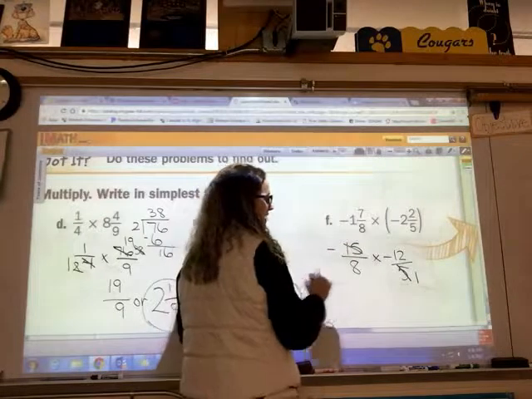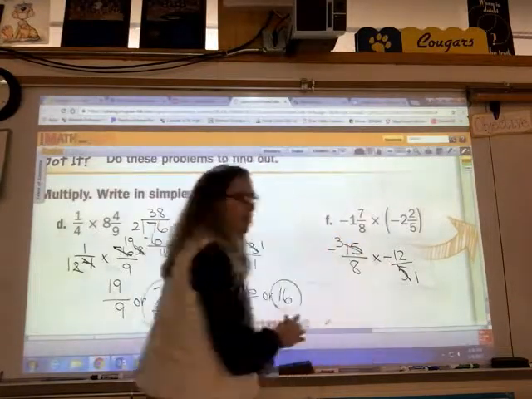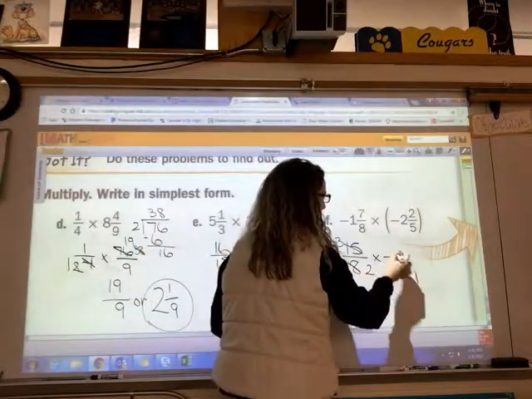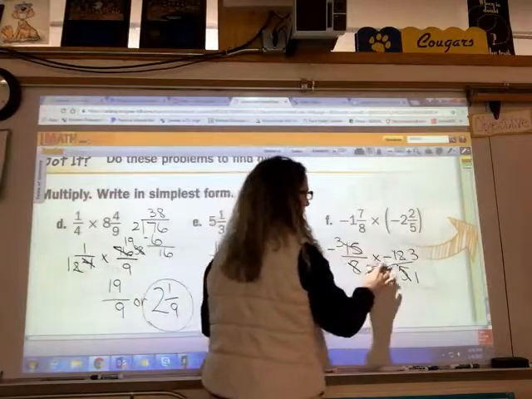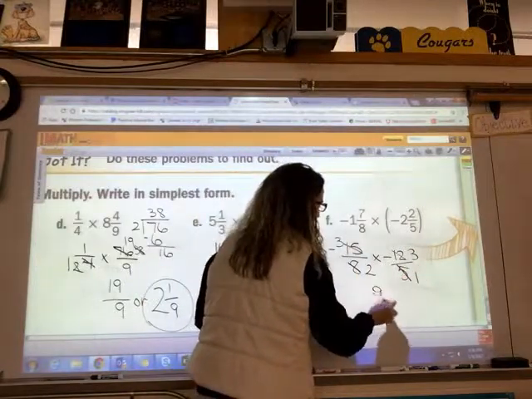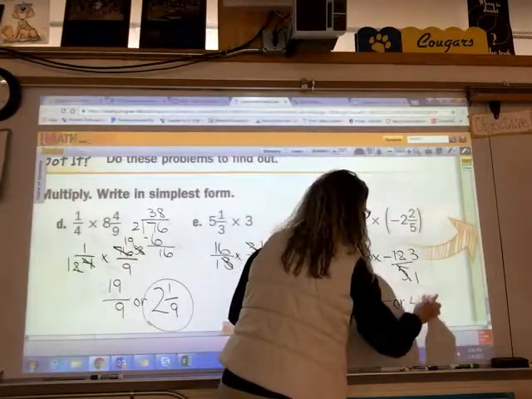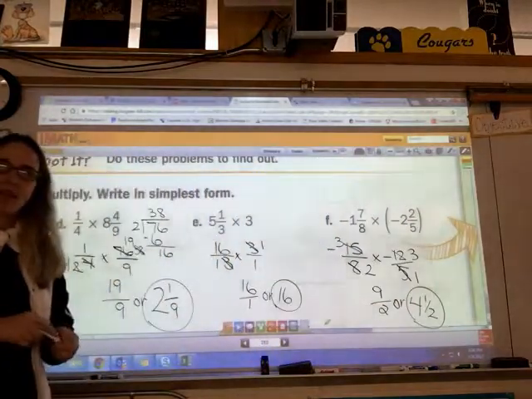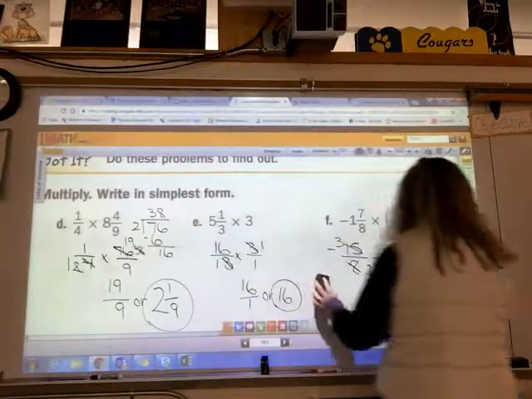Negative 15 divided by 5 would be 3, so I've got a negative 3. I can divide both of those by 4, so 8 divided by 4 would be 2. Negative 12 divided by 4 would be a negative 3. So negative 3 times negative 3 is going to give me a positive 9. 2 times 1 is 2. 9 over 2 would be the same as 4 and 1/2. So again, check your answers that you came up with against mine to see if you have the correct answers.